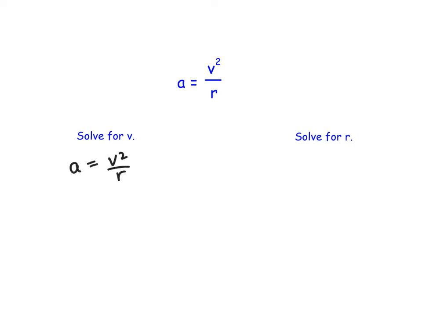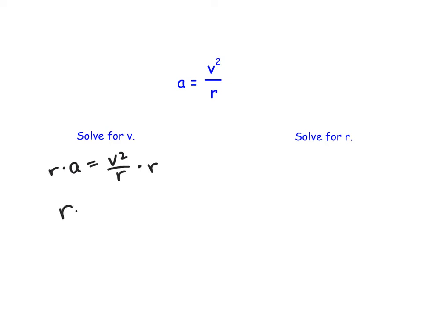We're also going to look at an example here that would come from physics. We have A equals V squared over R. Let's solve it for V and solve it for R. So I'm going to rewrite it. A equals V squared over R. If I want to solve for V, I'm dividing by R, so I'm going to multiply by R on both sides.